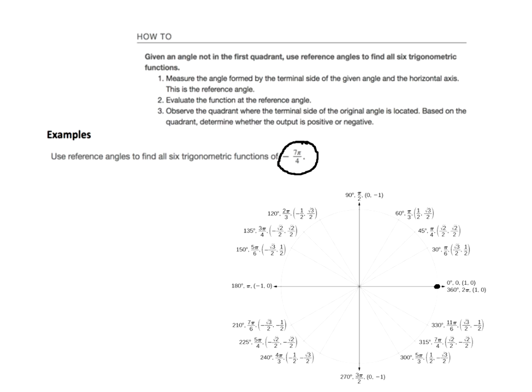If we start here at a 0 angle, here's negative 1/4 pi, negative 2/4, negative 3/4, negative 4/4, negative 5/4, negative 6/4, negative 7/4. This is where our angle ends.